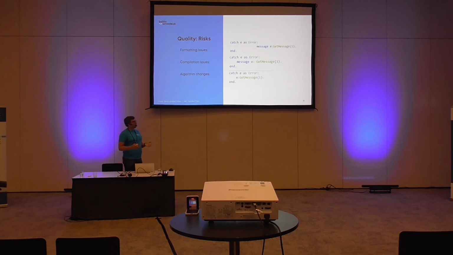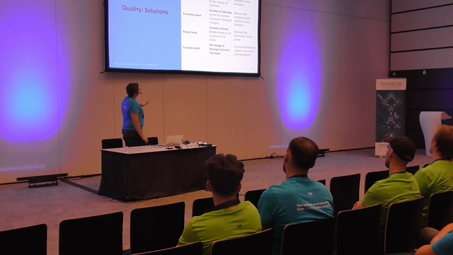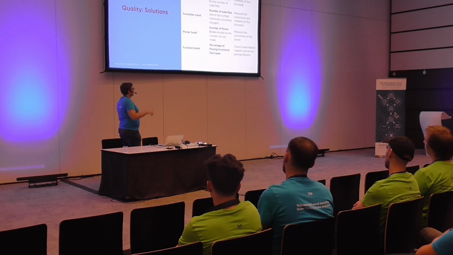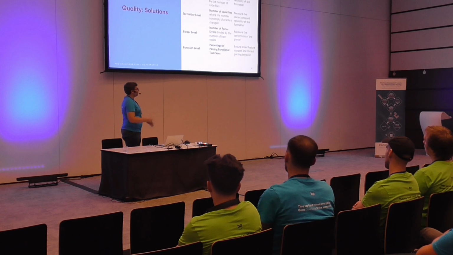So there are a lot of risks, and we tried to come up with some kind of solutions to deal with that. I will start from the bottom. On the bottom we have the functional level, so testing. We now have 200 functional tests, test cases where we have an input code snippet and expected formatted code, and we compare how the formatter works.